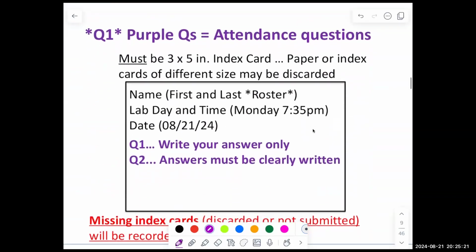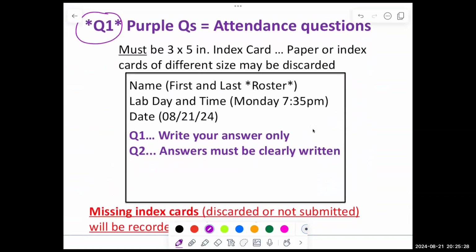Okay, you're going to see these symbols. This means that you are going to write on your index card. Let me make this very clear because it is important that you fill these correctly every single time.